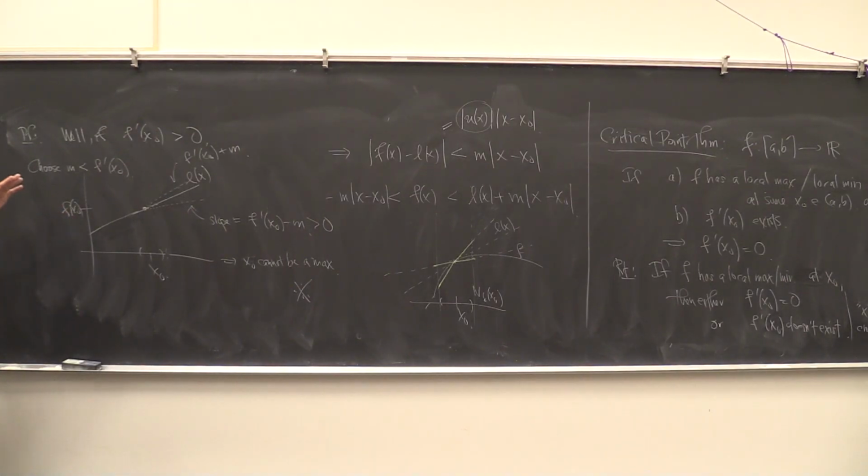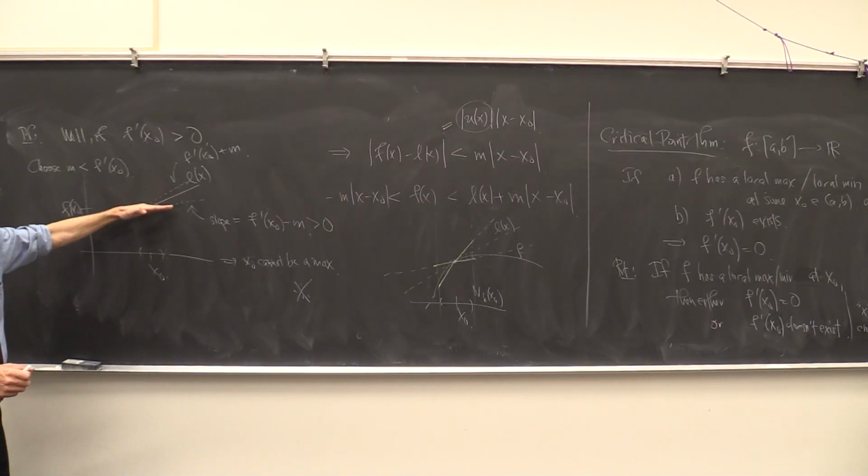So if we're trying to show that the slope is 0, suppose it's bigger than 0. Choose m smaller than f prime. By the definition of differentiability, we know that there's this cone on which the function stays within the wings.